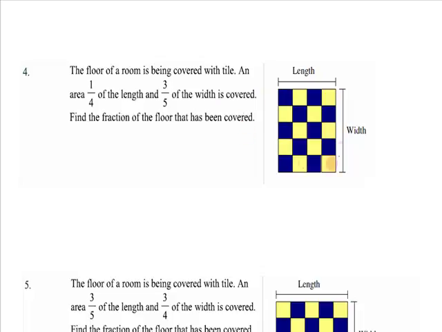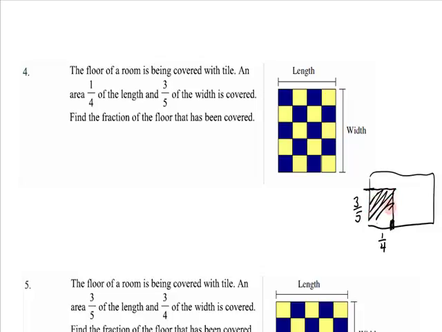Okay, so a part of the floor. Here's the whole floor, and 1/4 of the length, so if this is my length all across here, 1/4 of it will be tile, and 3/5 of the width, in other words, a section like this, that is 1/4 of the length and 3/5 of the width. And it wants to know the fraction that is being covered.